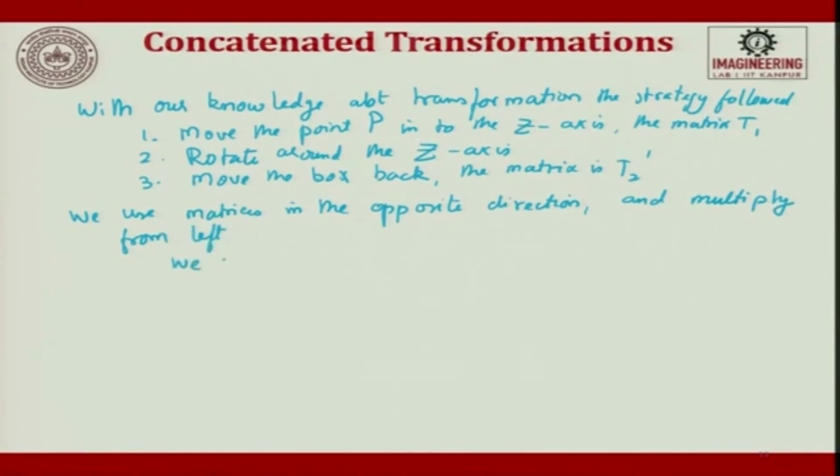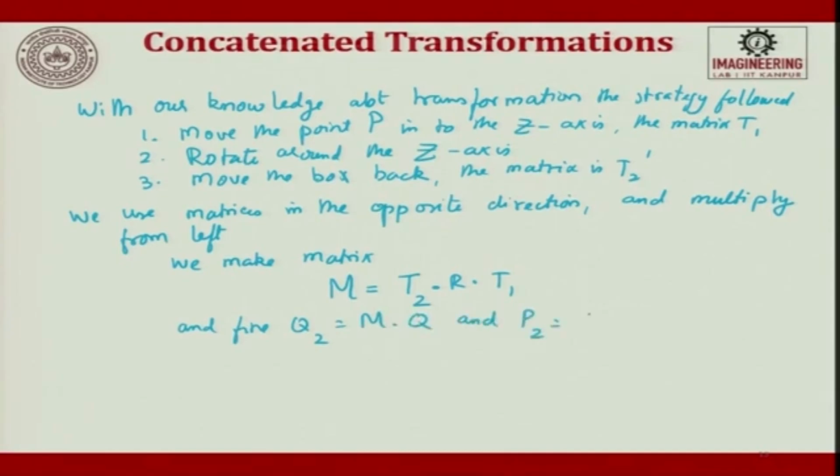So, we make matrix M equal to T2 R into T1 and find Q2 equal to M cross Q and P2 equal to M cross P.